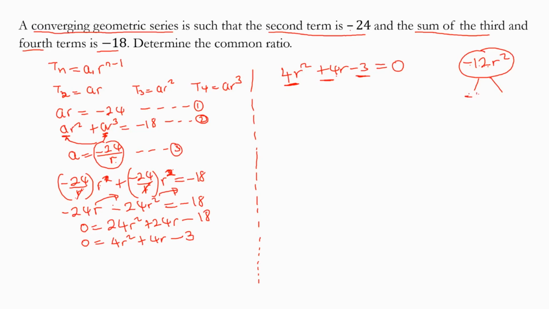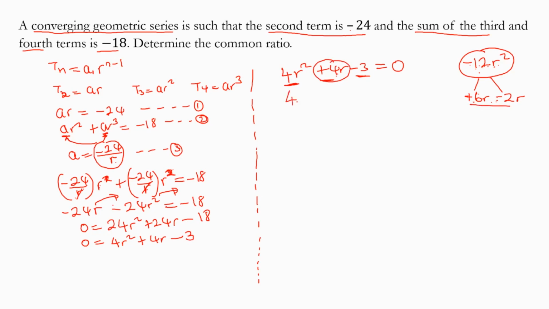So if 6 is positive and we have negative 2, if we multiply them, we're going to get negative 12R squared. And if we add them, we're going to get positive 4R.